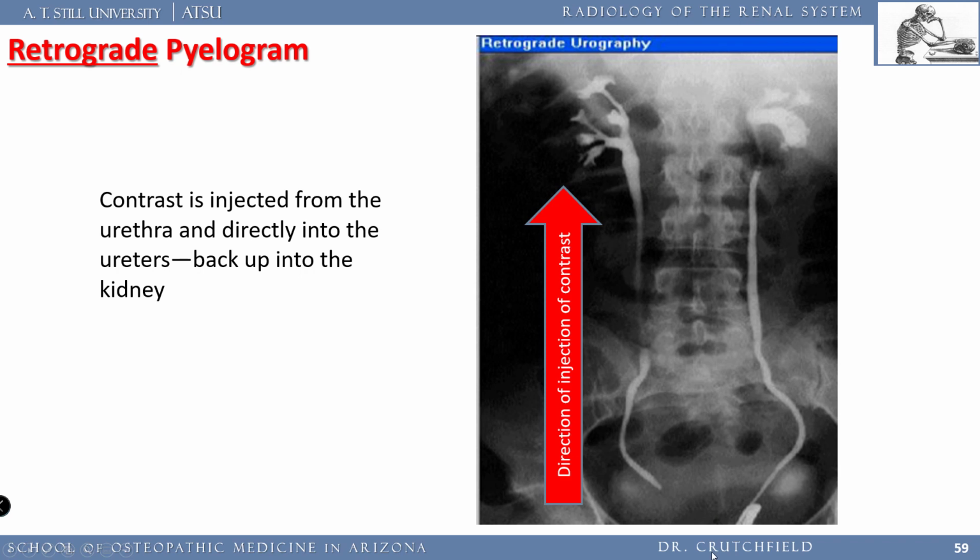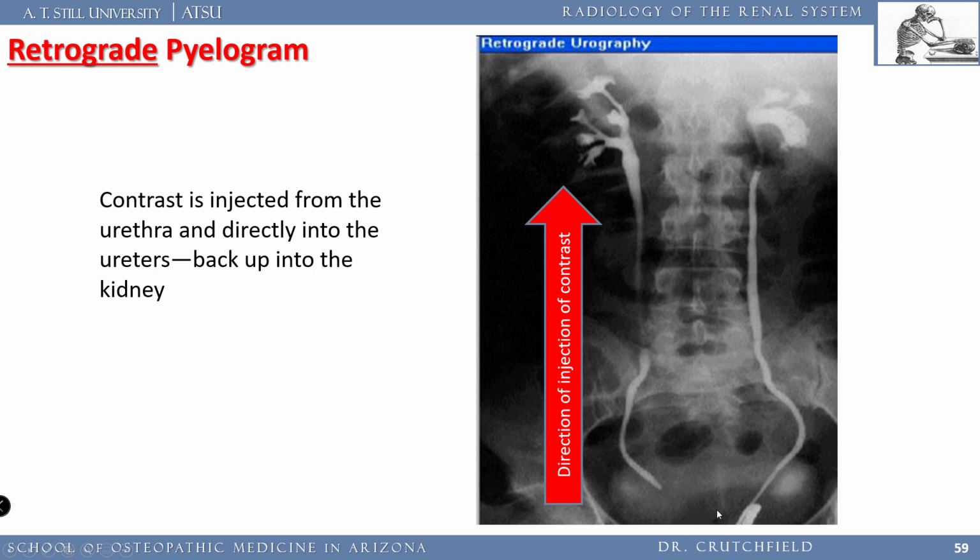I'm going to go up the urethra through the bladder, and I'm going to inject contrast into the ureters, the left ureter, the right ureter, and shoot some dye up there. I'm going to take a picture. So contrast is injected from the urethra and directly into the ureters, back up into the kidney. So here's the direction of the injection of the contrast from urethra down here up into the ureters.